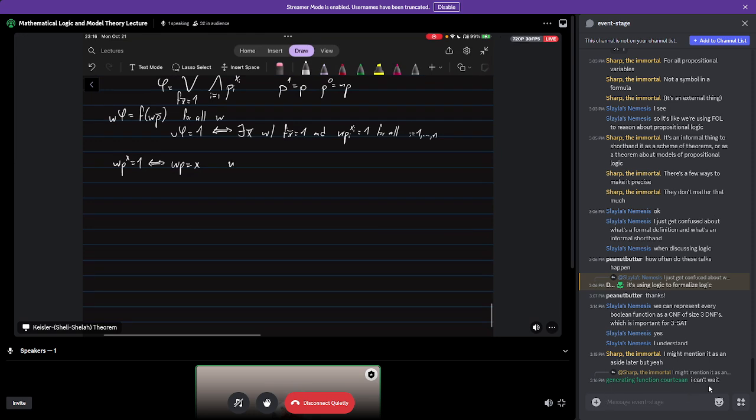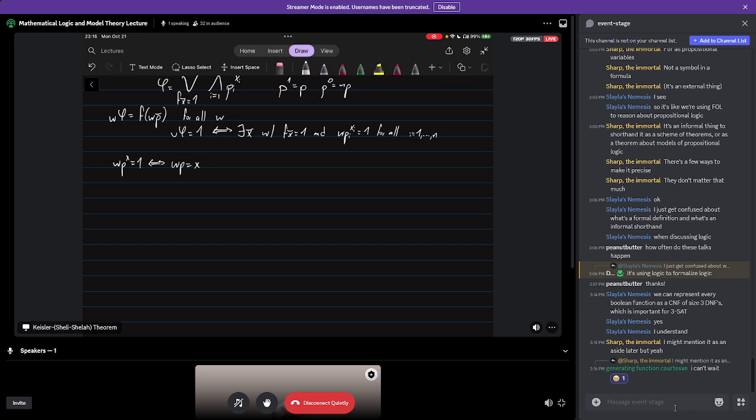Now, notice that if x is equal to 1, then W(p to the power of x) is equal to 1 if and only if W(p) is equal to 1, which is equal to x, because p to the power of x is equal to p. And if x is equal to 0, then W(p to the power of x) is equal to 1 if and only if W(negation of p) is equal to 1, which is if and only if W(p) is equal to 0, which is equal to x.